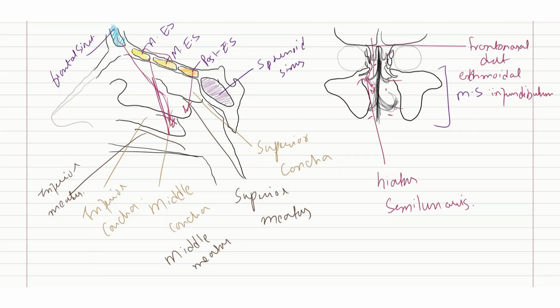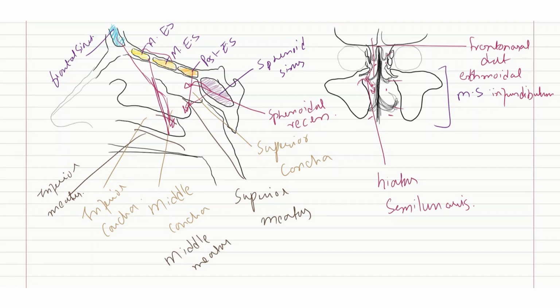The sphenoidal sinus, in 52% of the cases, drains directly into the supreme meatus, which is also known as sphenoethmoidal recess. And in the rest of the cases, it drains into the superior meatus.